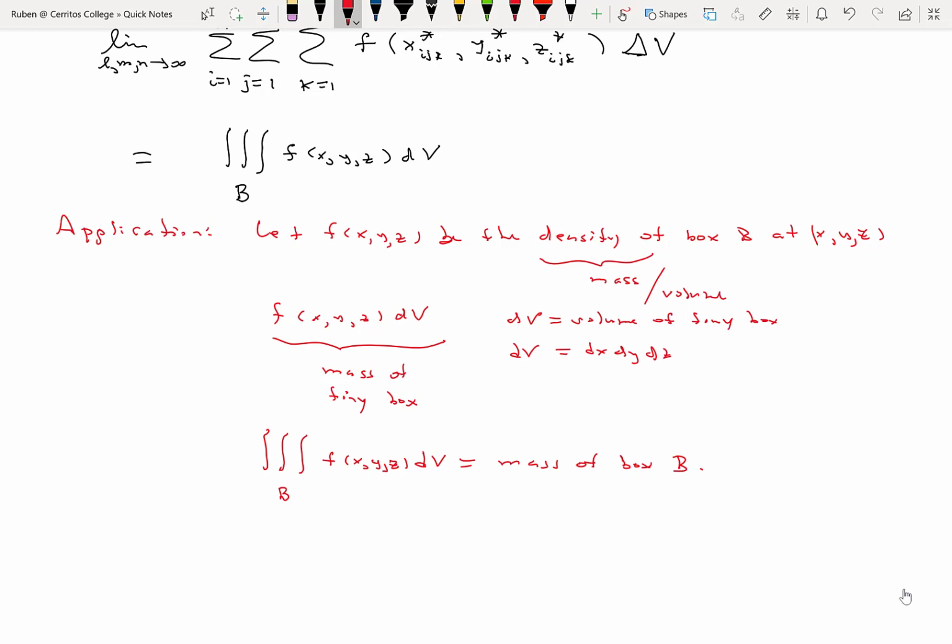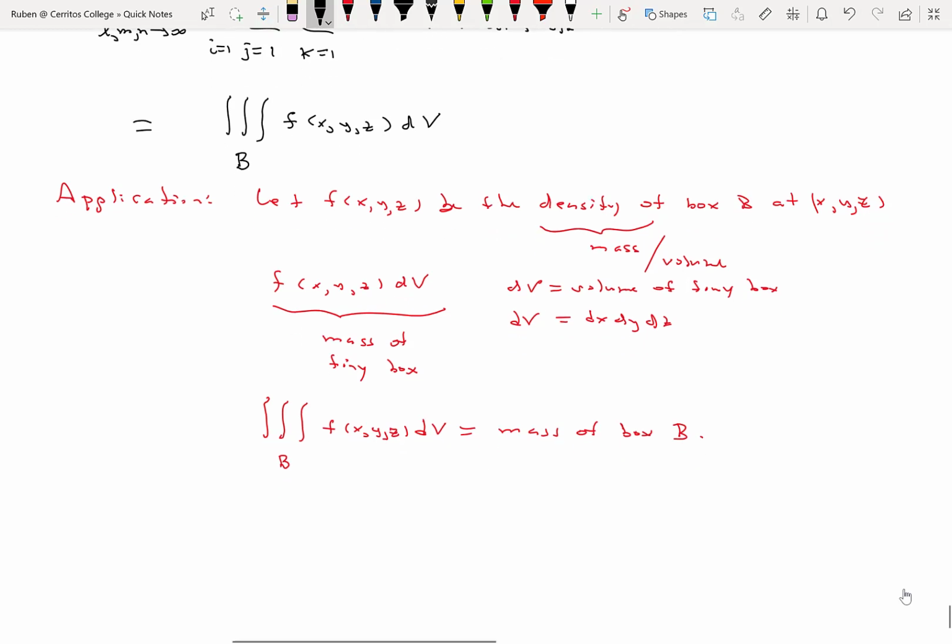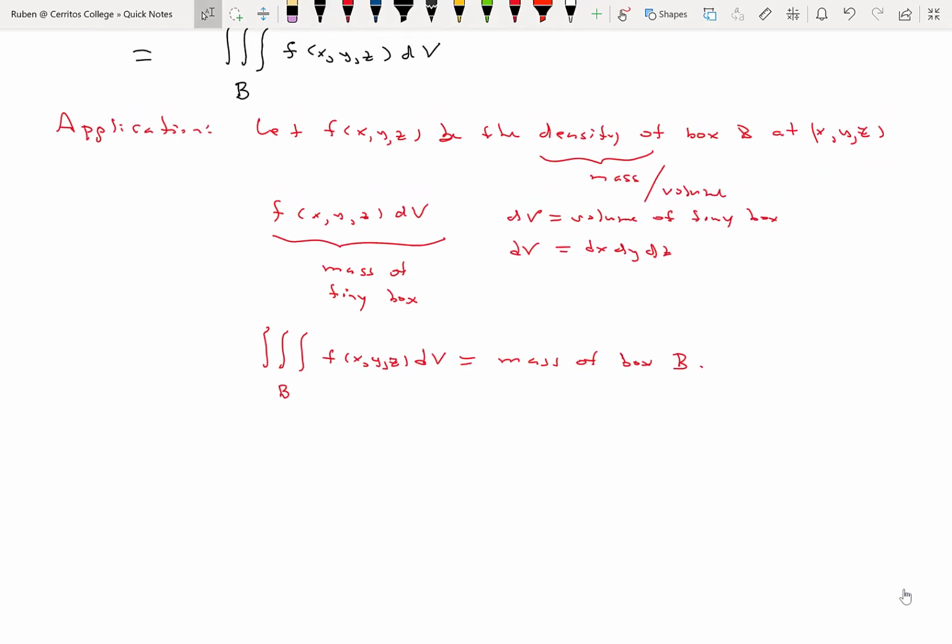Okay, this isn't of great importance to us right now, but in physical applications this is a common example. Now there is an important application for us. It's the special case, when the function f of x, y, z equals 1.